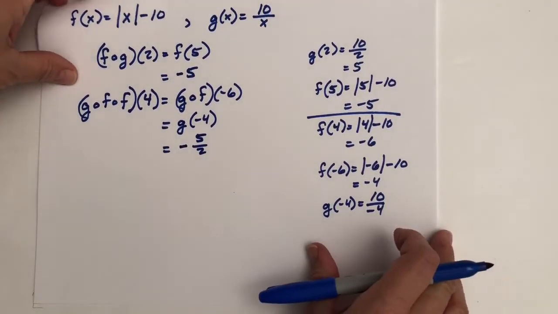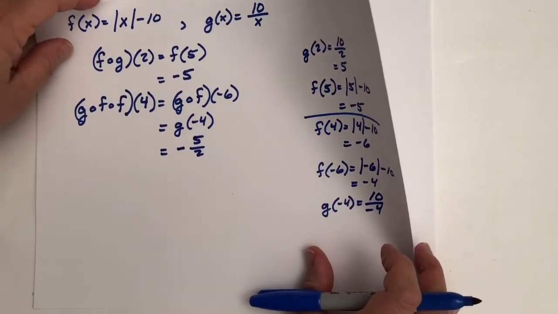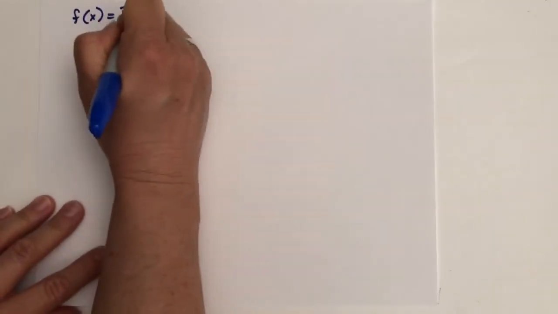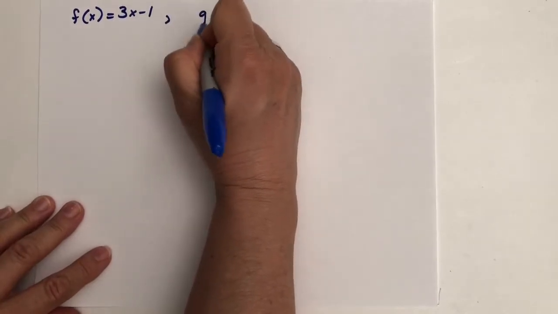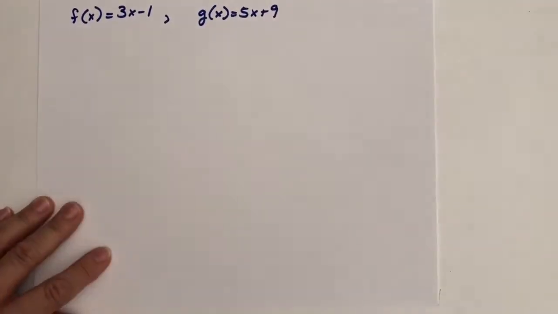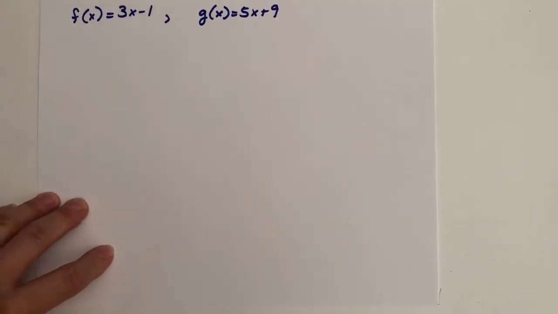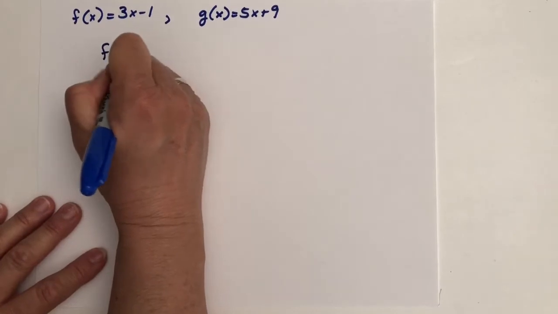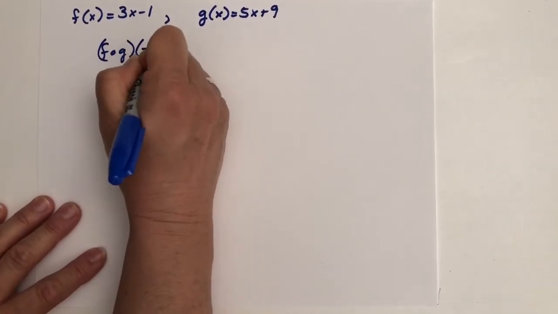Let's do another problem. Let's let f of x equal 3x minus 1, and we'll let g of x equal 5x plus 9. Let's start with f composed with g of negative 3.